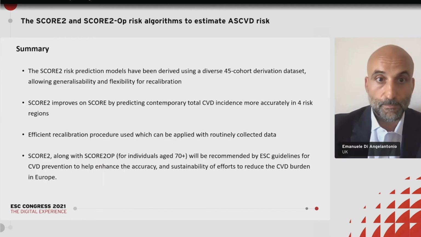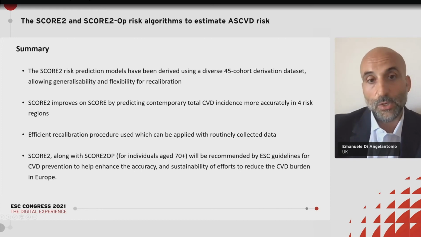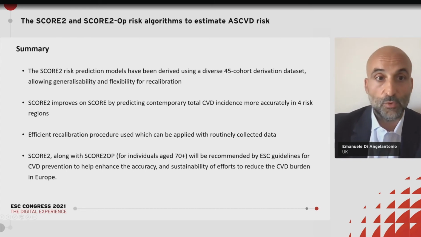So just to conclude, I think we have developed the SCORE2 risk prediction model using a very large data set in terms of derivation that actually allows us to generalize our model and allows us to have a flexible approach to recalibration using contemporary information for CVD incidence and CVD risk factors for different regions.